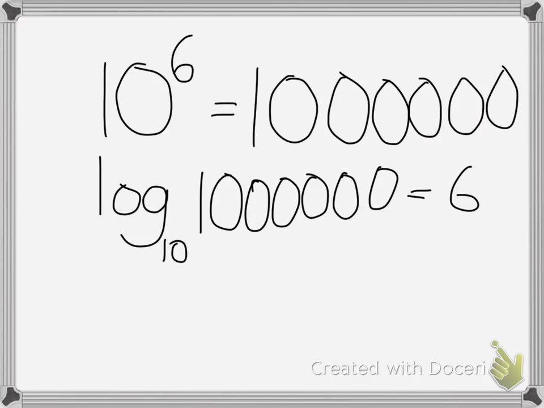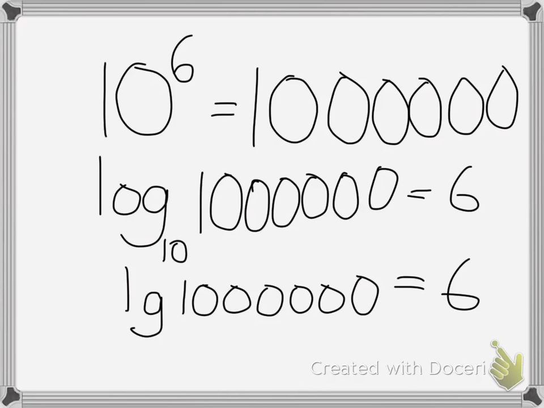There's no 2, no 3, no 4, no 5. That's a different way of doing it. Now, if the base is 10, you can write this as LG. So this is exactly the same as log of 1,000,000 equals 6. Only if the base is 10, instead of writing log with subscript 10, you write LG. Only for 10.